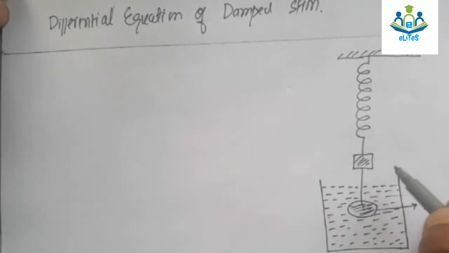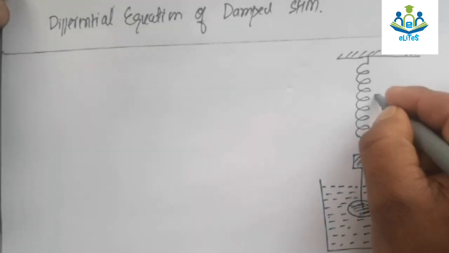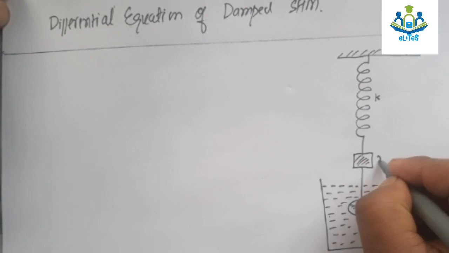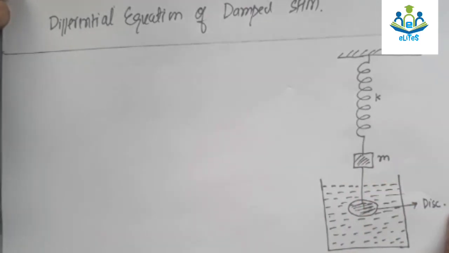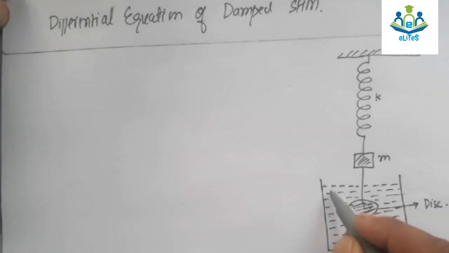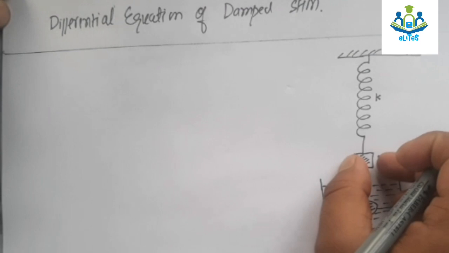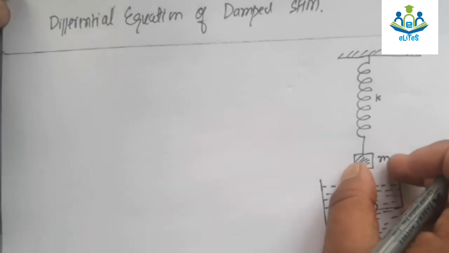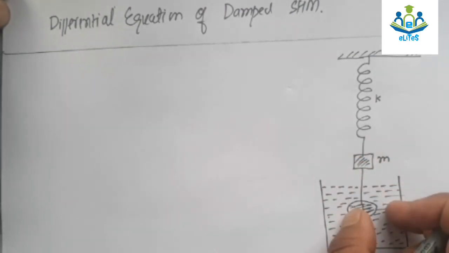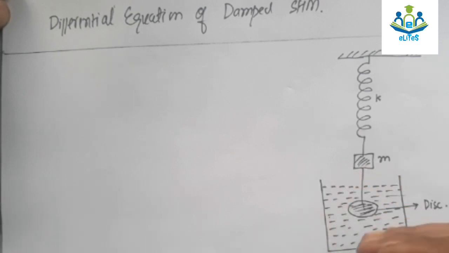We consider a spring mass system attached rigidly to a fixed support, with a mass m attached to the lower end. A disc is attached to the lower side of the body and is immersed in the liquid which is contained in this beaker. When the mass is pulled down and let free, it begins to oscillate up and down along with the disc.